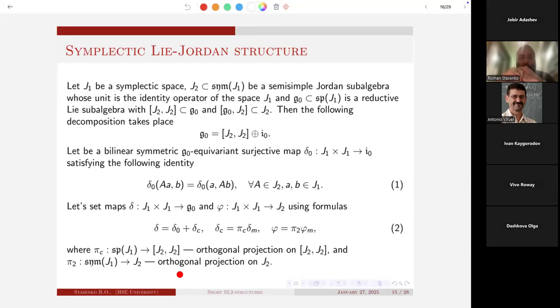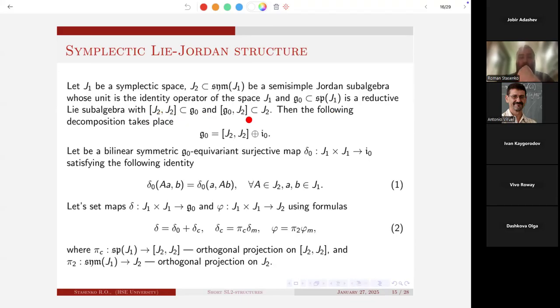Let J1 be a symplectic space and J2 be a semisimple Jordan subalgebra whose unit is the identity operator of the space J1, and J0 is the subspace of the symmetric operators on J1, and it is a reductive Lie subalgebra such that the commutator of J2 is involved in it.